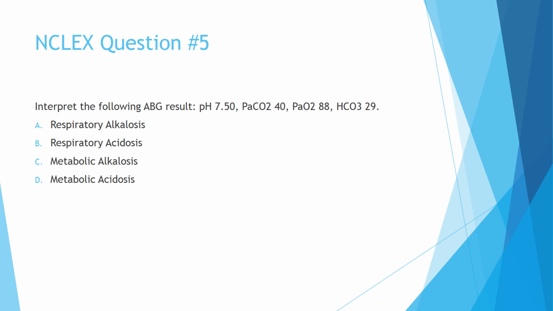When you look at your numbers, your pH is high and your bicarb is high. So what would that be? C, as in cat, metabolic alkalosis.